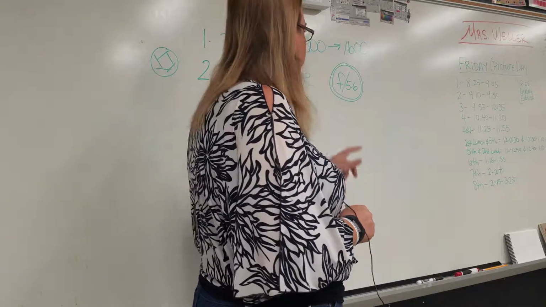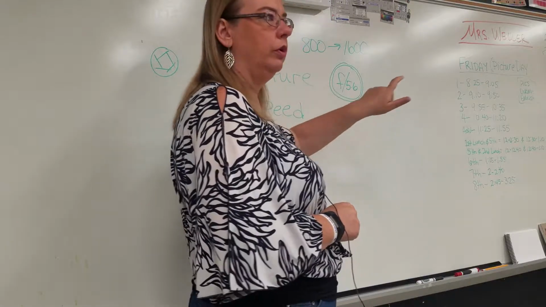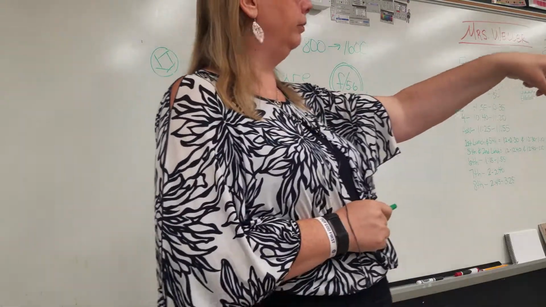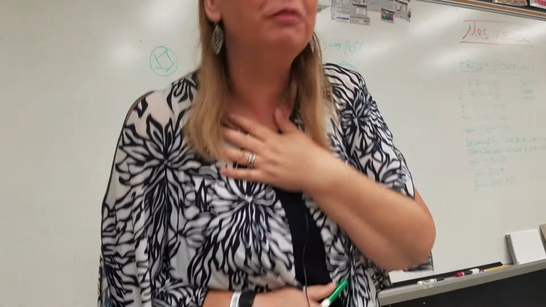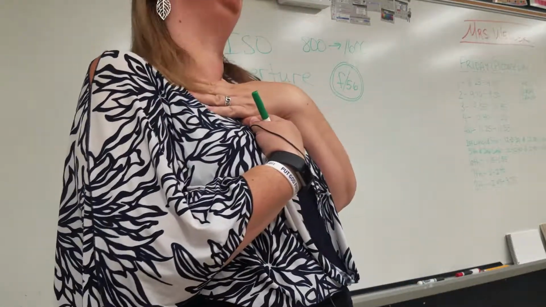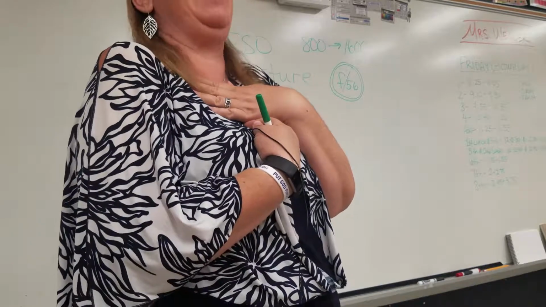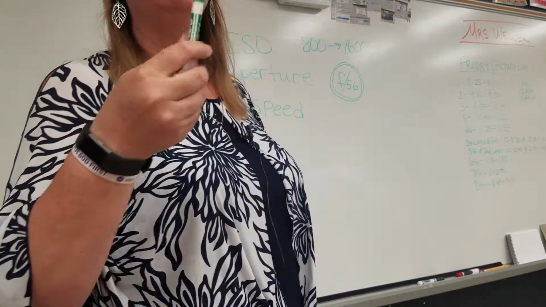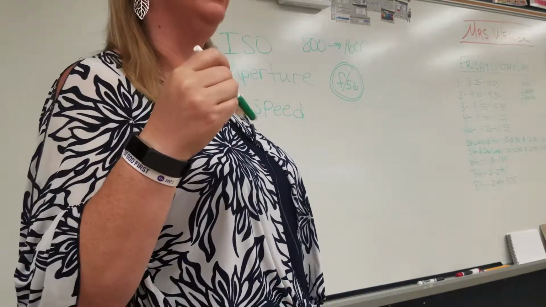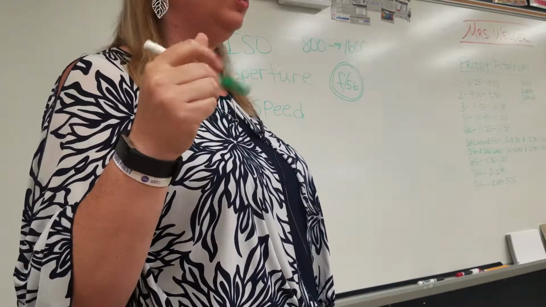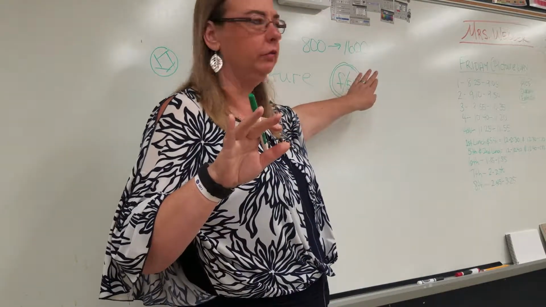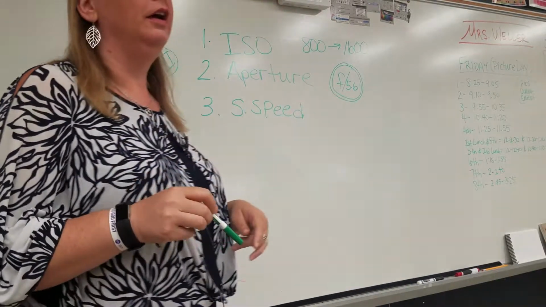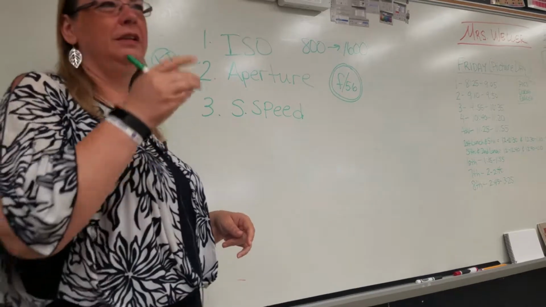What's your f number? 5.6. Is that open all the way? Yeah. What do you got, Gabe, for your number? You do have 5.6? Okay. You guys have it open all the way, right? You didn't just go for my number? Okay, perfect. You good, Emily? All right.